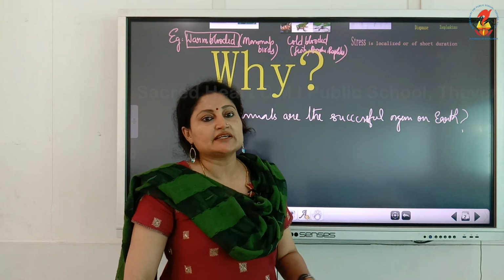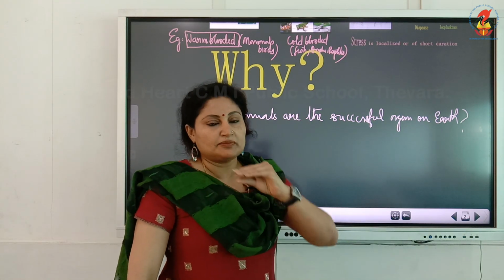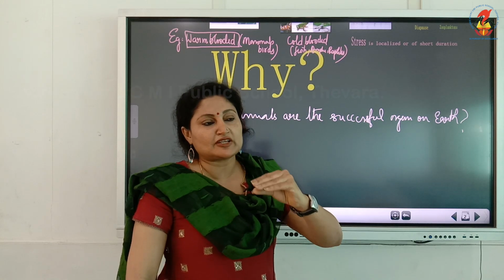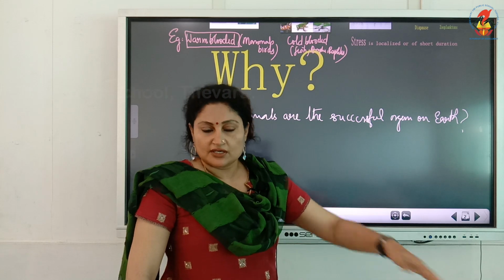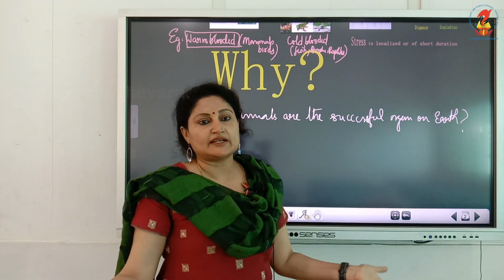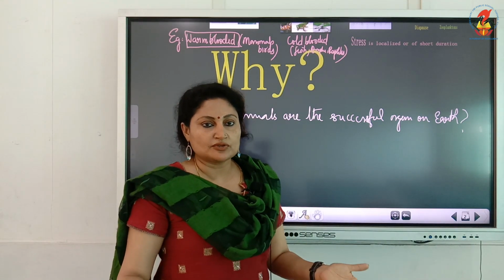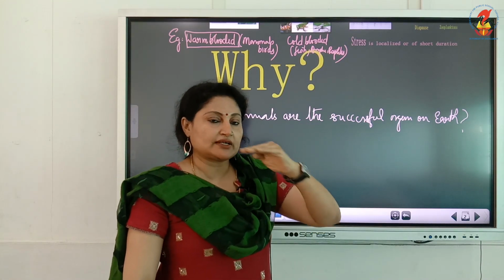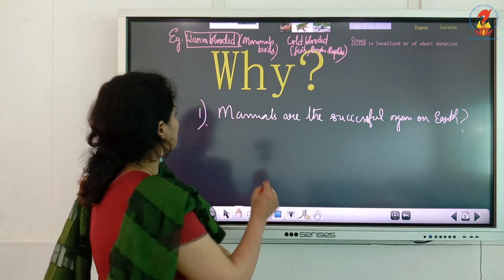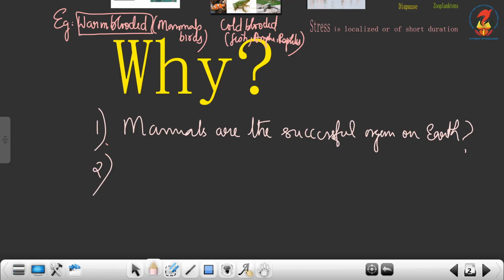Because of this ability, they can thrive anywhere because they maintain a constant temperature, constant osmolarity. We can put them anywhere, whether it's the Sahara desert in Africa, or we can put them in the Antarctica. They are not going to perish. They can survive because their body temperature and body osmolarity is constant. Second why.